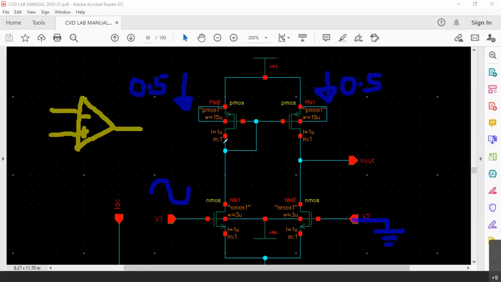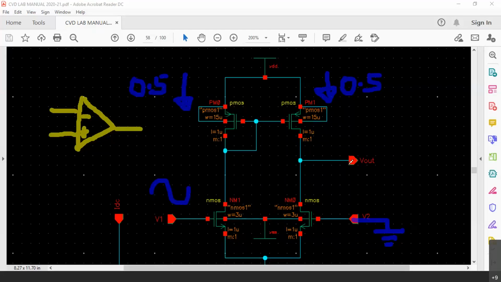That is how they kept the names for the regions. In the case of BJT, saturation means the device is completely on. In the case of MOSFET, saturation means the device is half on. That is the idea here. So both NMOS corresponding to V1 and V2 will be in the saturation region, or half on.